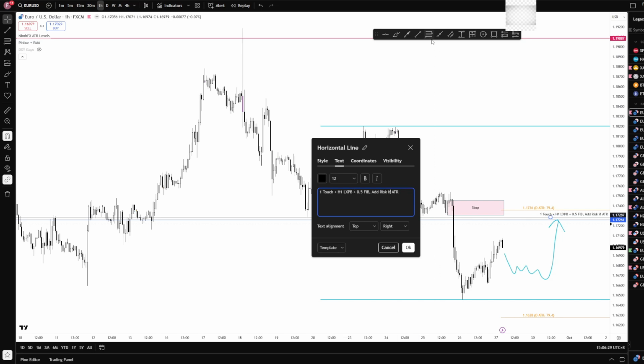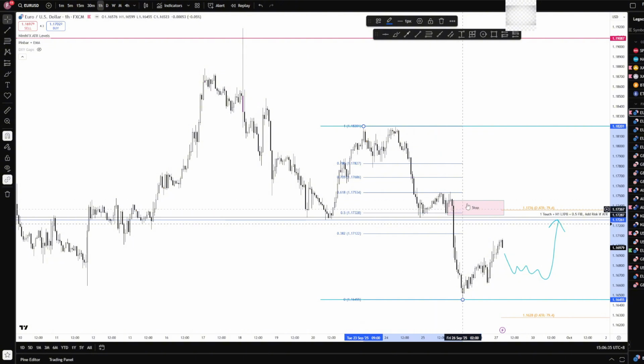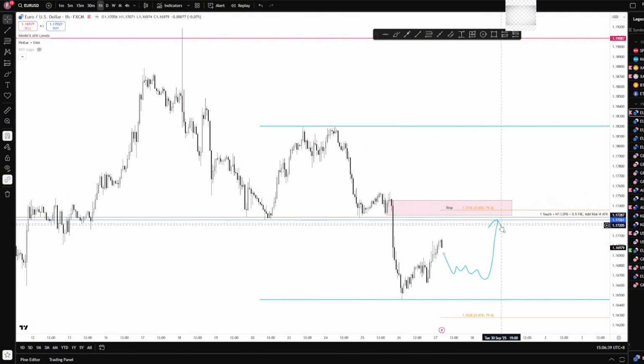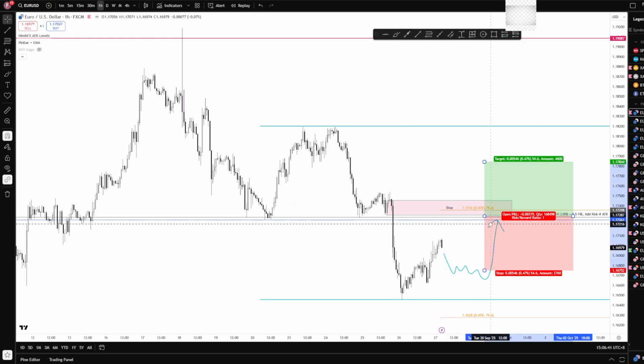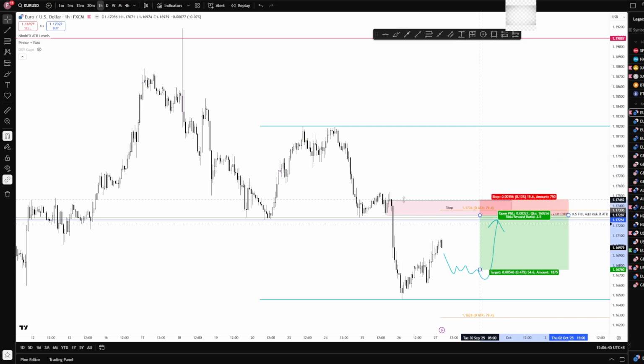You can see 0.5 is within the box. So if price comes up, I'll probably take a position something like this, and take profit around this H1 high. Quite a quick trade.